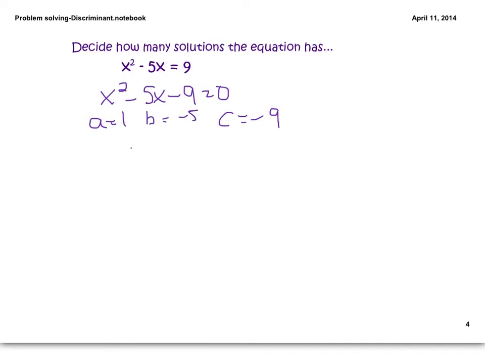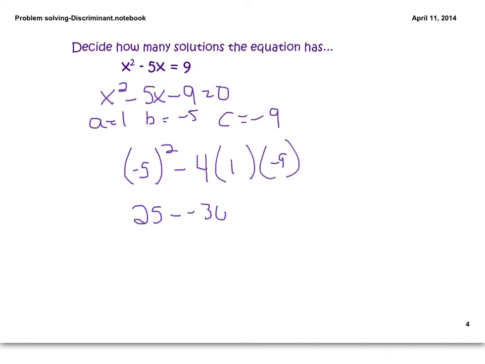Instead of writing everything out, I can just do the discriminant, b squared minus 4 times a times c. So b is -5, a is 1, and c is -9. So now I have 25 minus a -36, so 25 plus 36. That gives me a positive answer, so I know this is going to have two solutions.